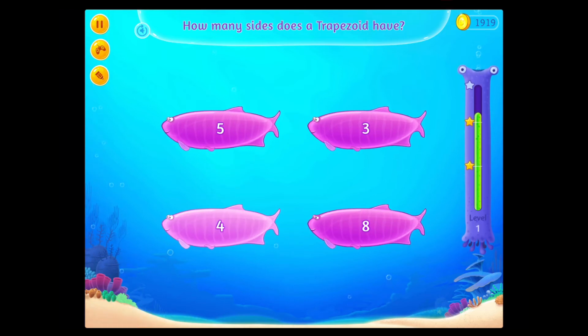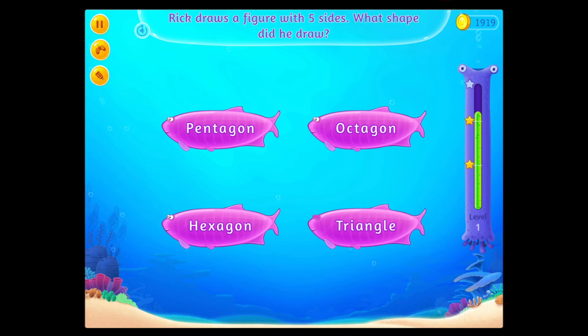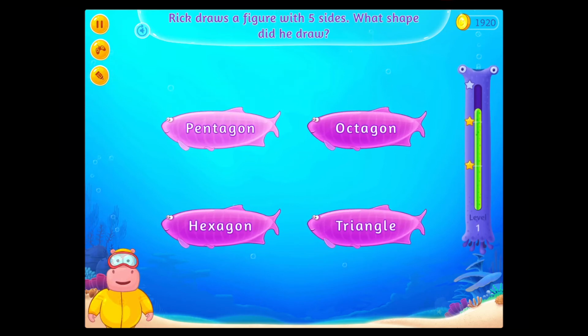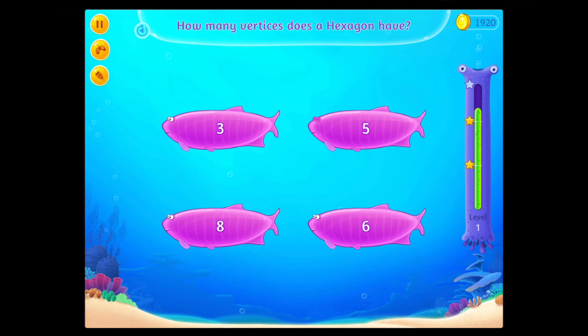Rockstar. Rick draws a figure with 5 sides. What shape did he draw? Good going. How many vertices does a hexagon have? That's right.